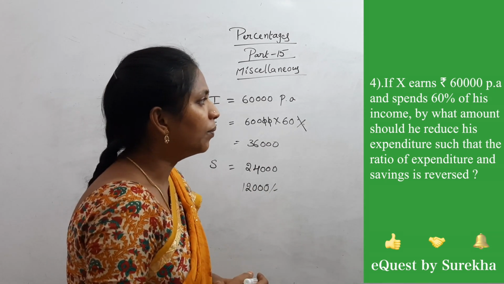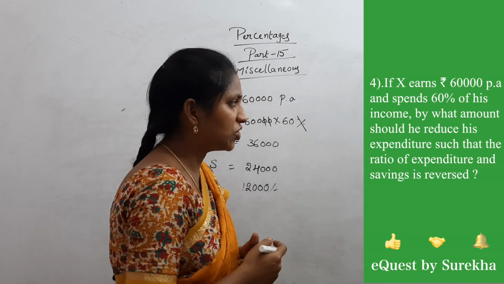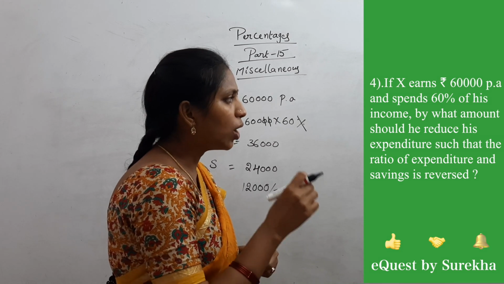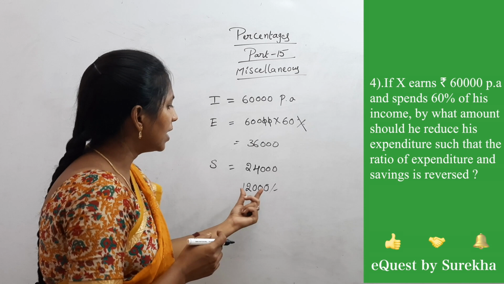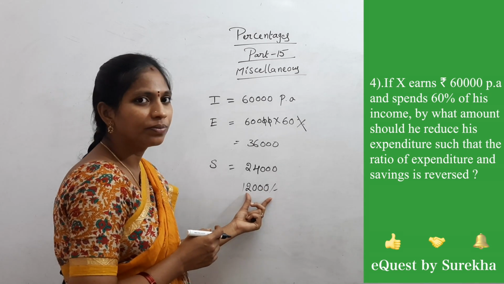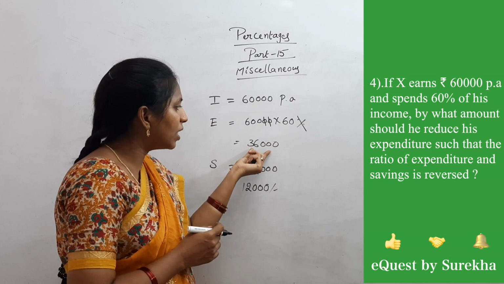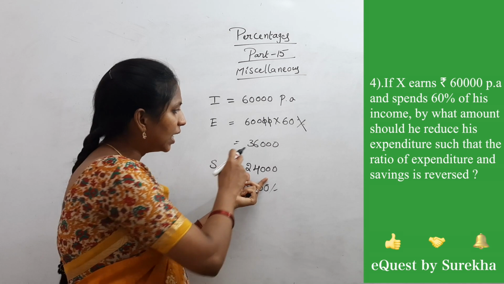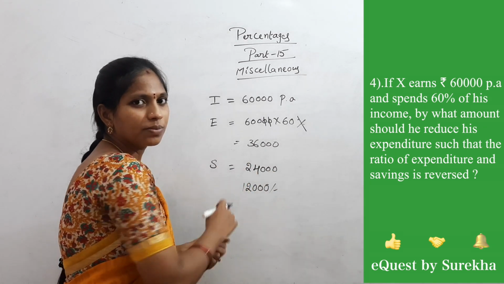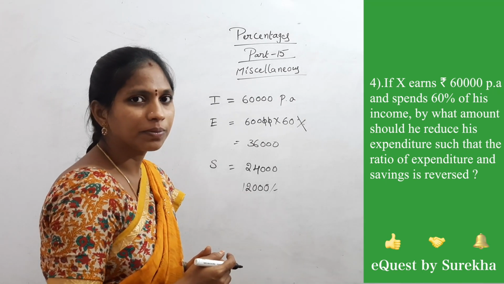See the question. By what amount should he reduce his expenditure such that the ratio of expenditure and savings is reversed? That is 12,000. If he reduced 12,000 rupees from this 36,000, then that is equal to savings. So answer is 12,000 rupees.